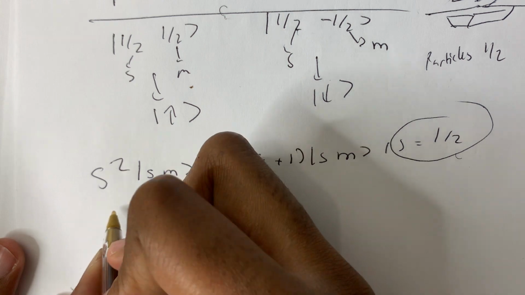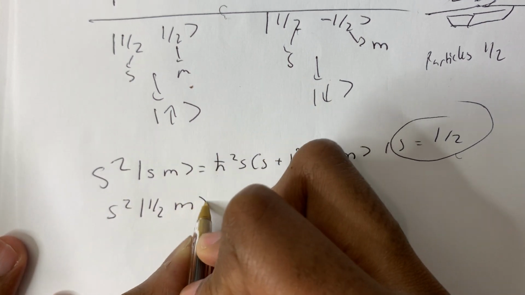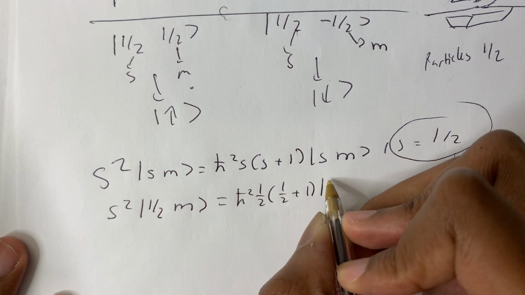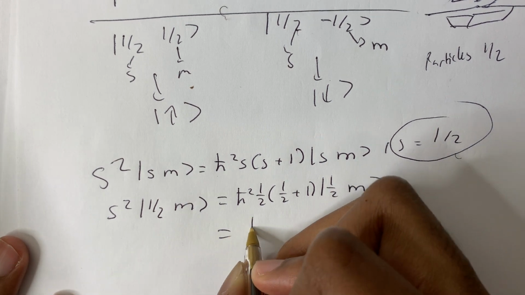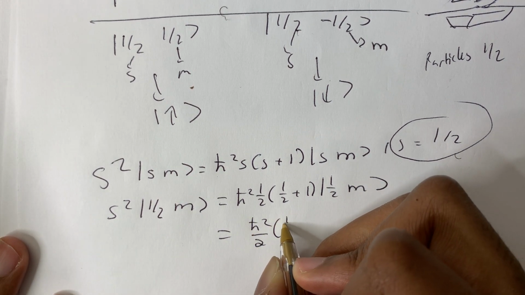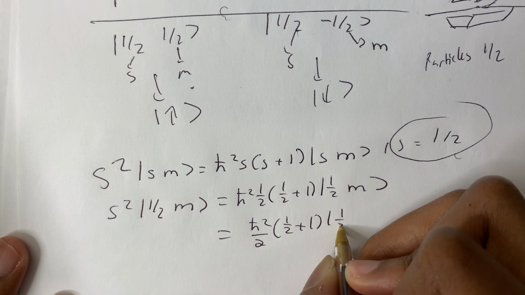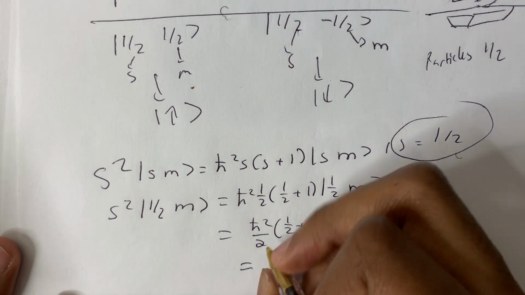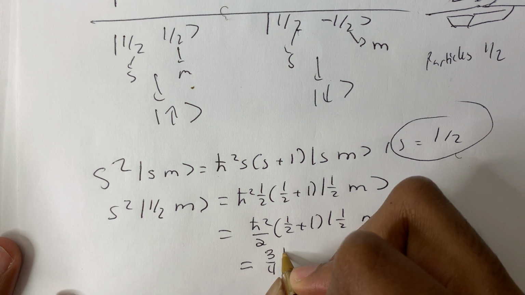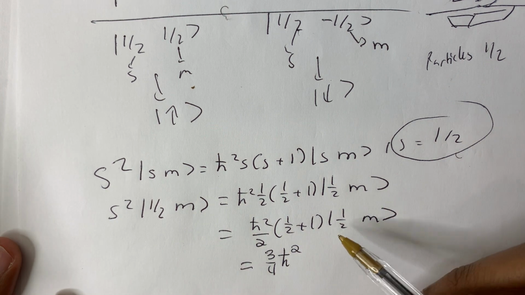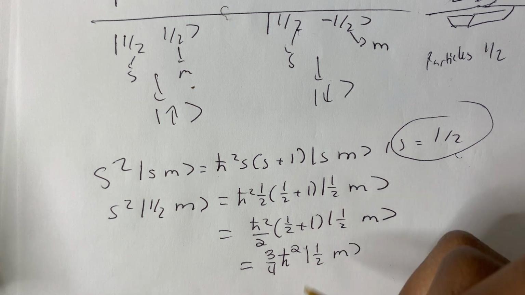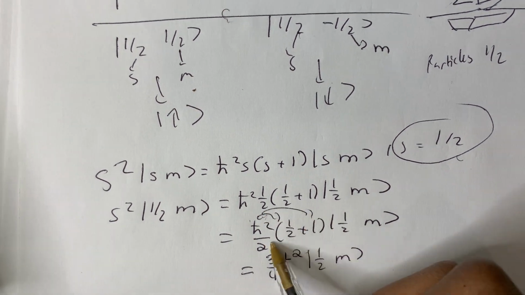So s squared on |1/2, m> equals h bar squared times 1/2 times (1/2 plus 1) times |1/2, m>, which gives us 3 over 4 h bar squared times |1/2, m>. You just distribute the h bar squared.